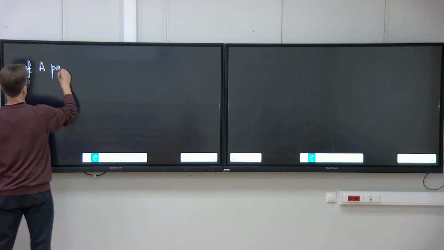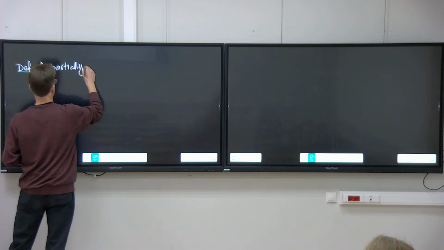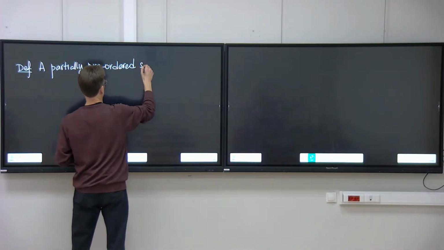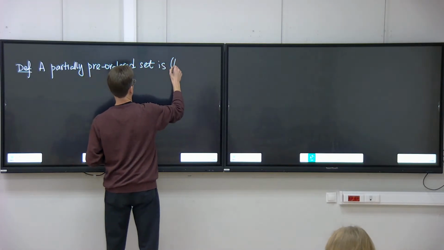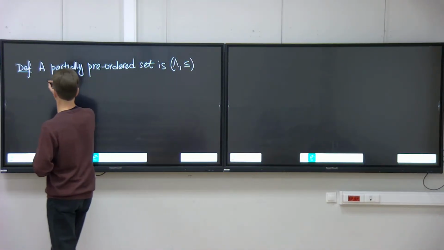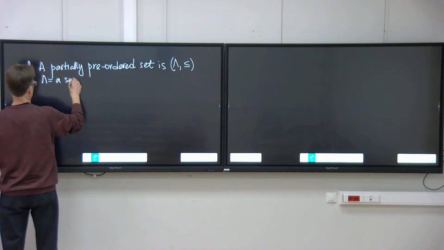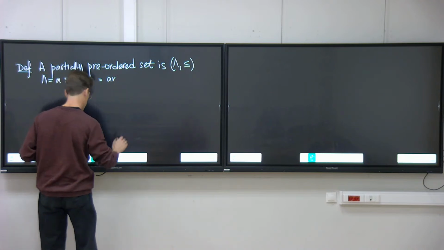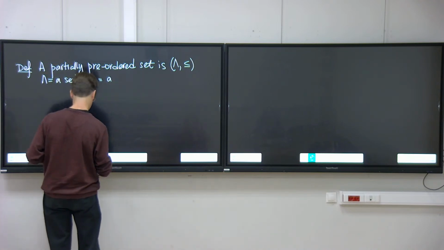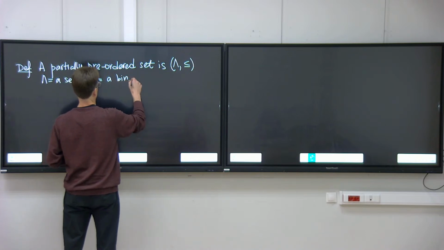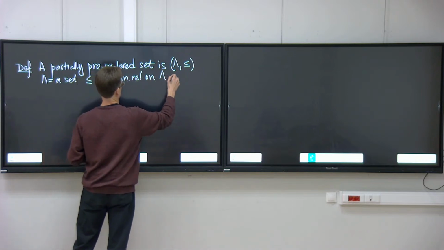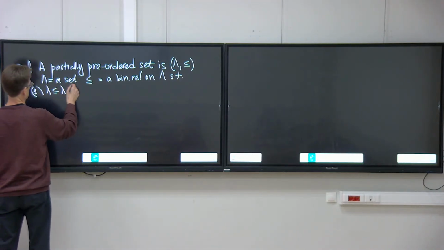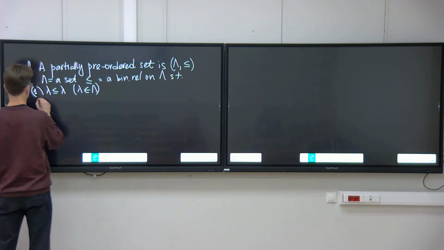A partially pre-ordered set is a pair consisting of a set lambda and a binary relation on lambda such that the relation is reflexive and transitive.